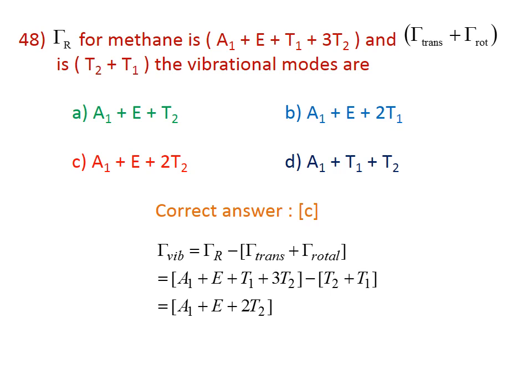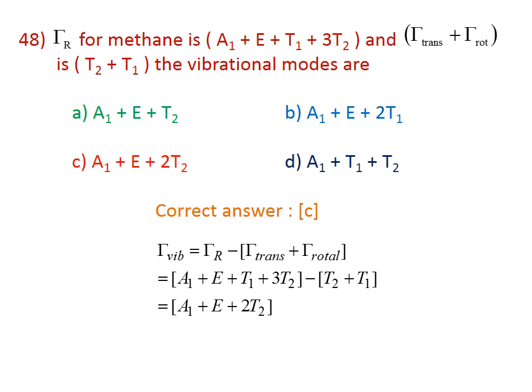Tau R is given A1 plus E plus T1 plus 3T2 minus tau translational plus tau rotational, T2 plus T1. You subtract it, you will get A1 plus E plus 2T2. That is the vibrational modes of the given molecule. The correct answer is C.